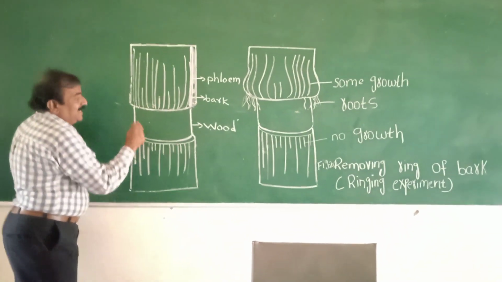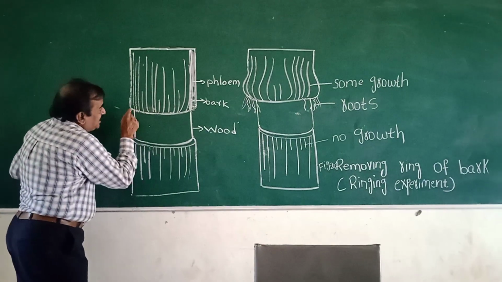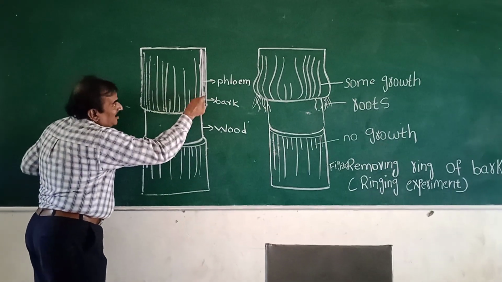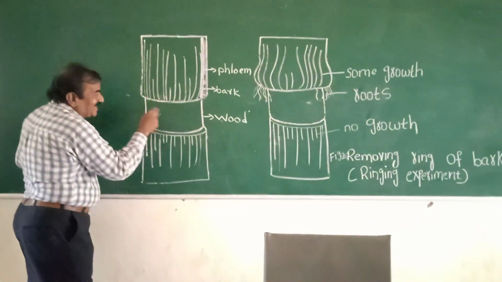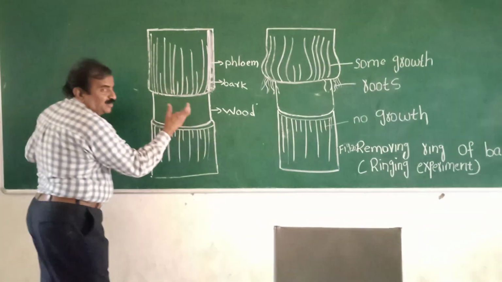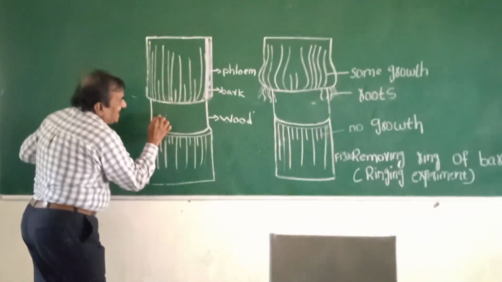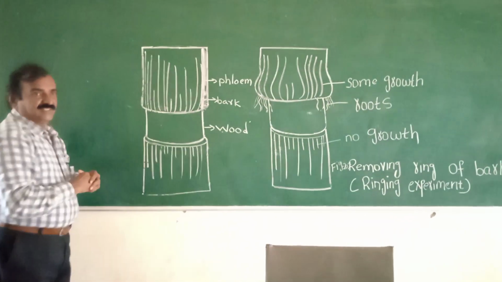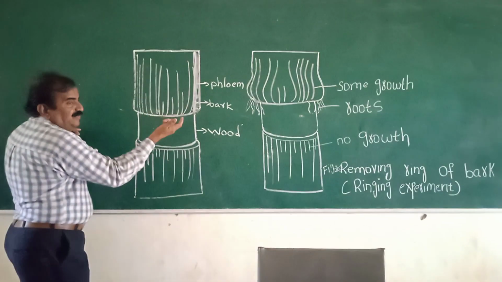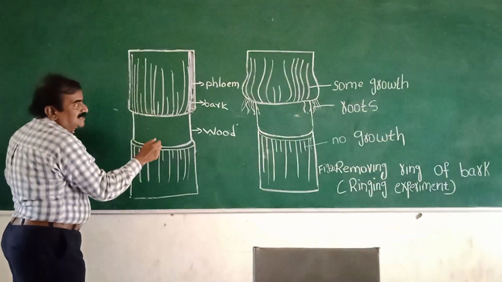Below the bark, phloem is present. If you remove the bark and phloem, what remains is wood, which consists of xylem vessels.